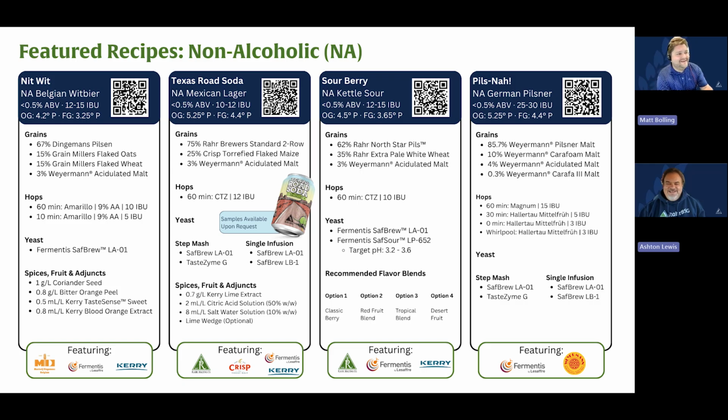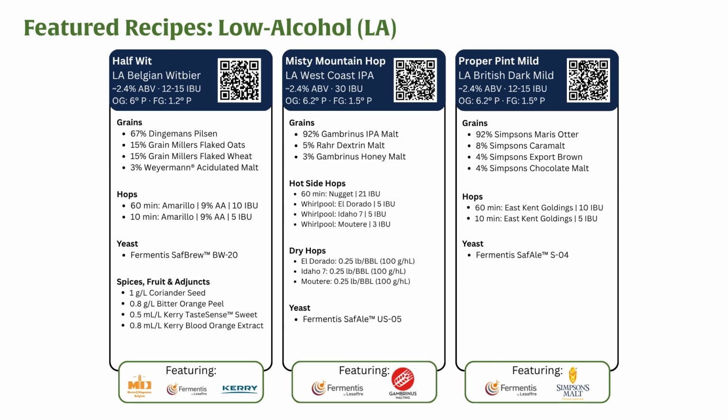All right, so again, continuing on, we have the 4 non-alcohol recipes, and then we have 3 featured low-alcohol recipes. The first one of these is actually a twist on the Nit Wit, the one that we started with, the Belgian Witbier.